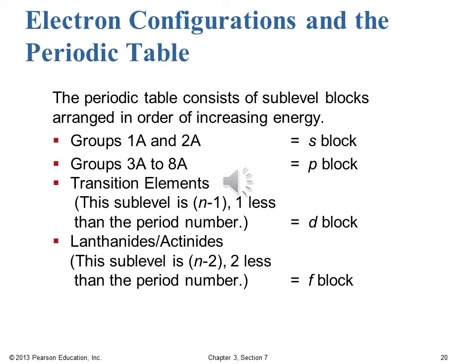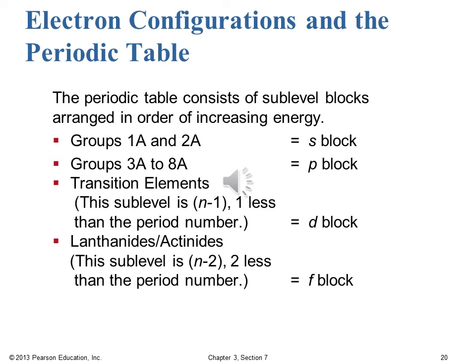Then as we look back at that 10 group intervening area, the transition elements, they're all in the sublevel that's 1 less than the principal energy level. So we don't see them until principal energy level 4, right? But they're actually the 3d for the first row transition elements. The lanthanides and actinides, as we said, that's the F block.